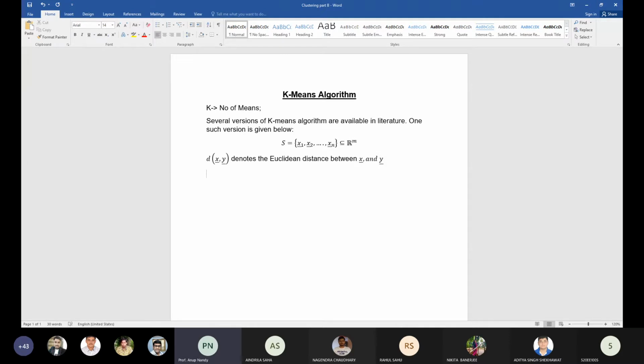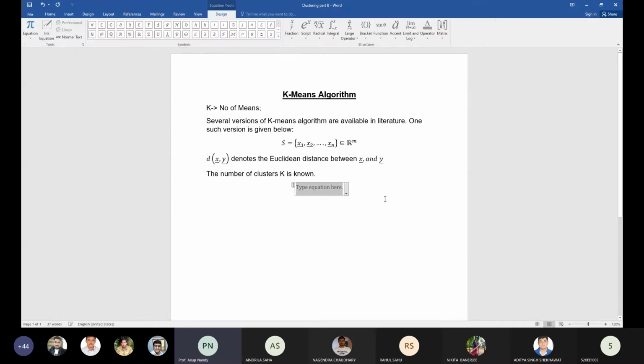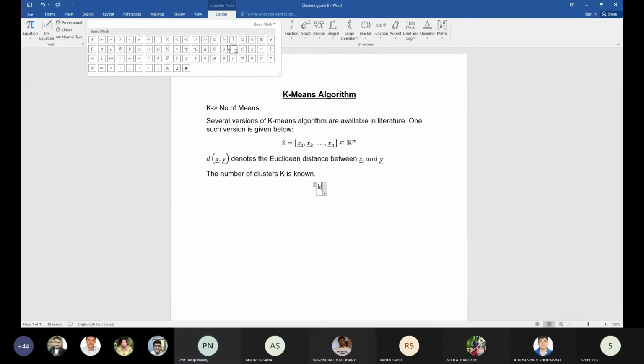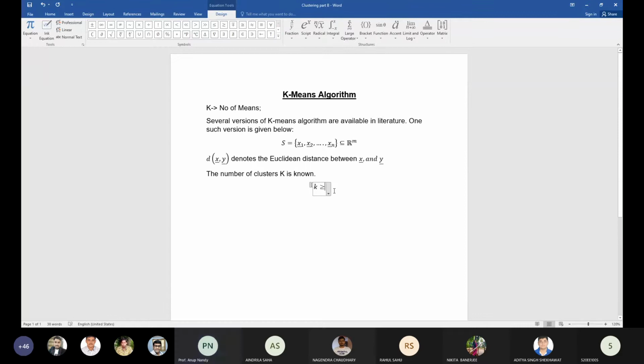Now the number of clusters will be given, as you have already seen with the satellite images you have already implemented. So the number of clusters is known to you. The number of clusters k is known, where k is greater than or equal to 2.